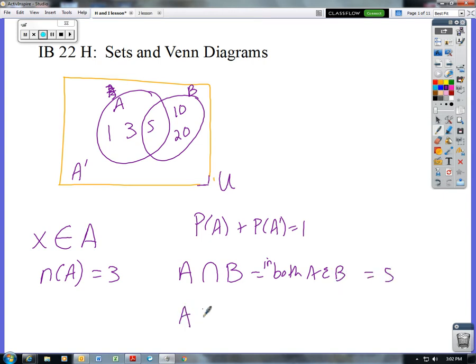And then A union with B would be all the elements that are in set A or in B or in both. If we were to list them for this particular example, they would be everything: 1, 3, 5, 10, and 20.